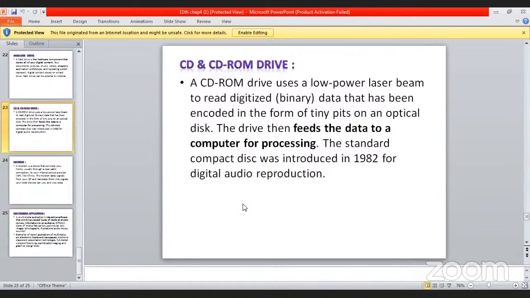Generally, today all software can be stored on CD, so CD-ROM drives can be connected to the rest of the computer using an IDE or SCSI or such a parallel port.